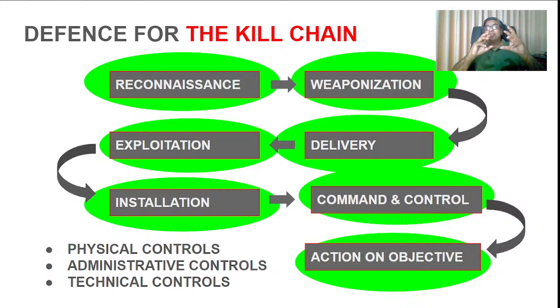Defend each stage. Make it difficult for them, even if they are successful at one stage. Make it difficult to weaponize. Even if they weaponize, make it difficult to deliver and exploit.